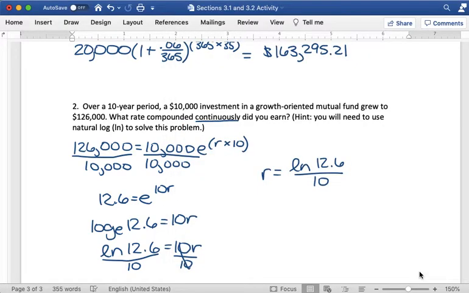So pretty high interest rate, especially over a 10-year period. That's a pretty well-managed fund, I suppose. 25.337. Make sure that you are paying attention to where problems want you to round numbers. If it's to 3 decimal places, then that's what this one would be.